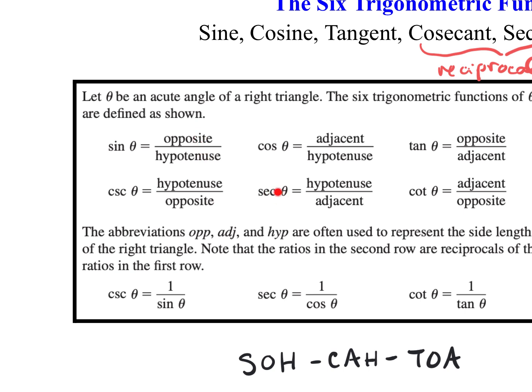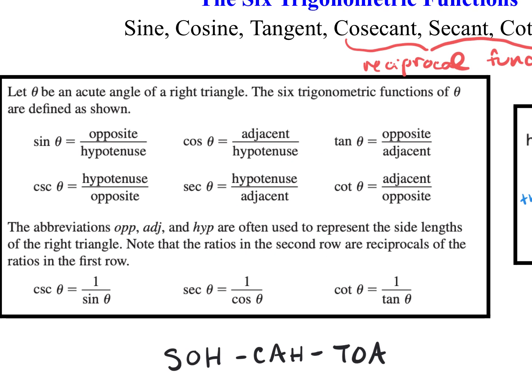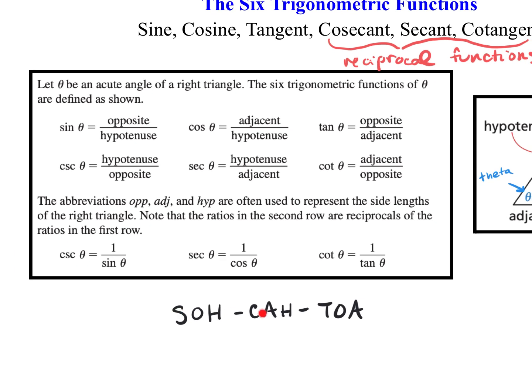If you look at secant, it's hypotenuse over adjacent, which is the reciprocal of your cosine ratio. And if you look at cotangent, it's adjacent over opposite, which is the reciprocal of your tangent ratio. So again, if you know the first 3, and you know which ones are reciprocals, then you know the second set of 3.